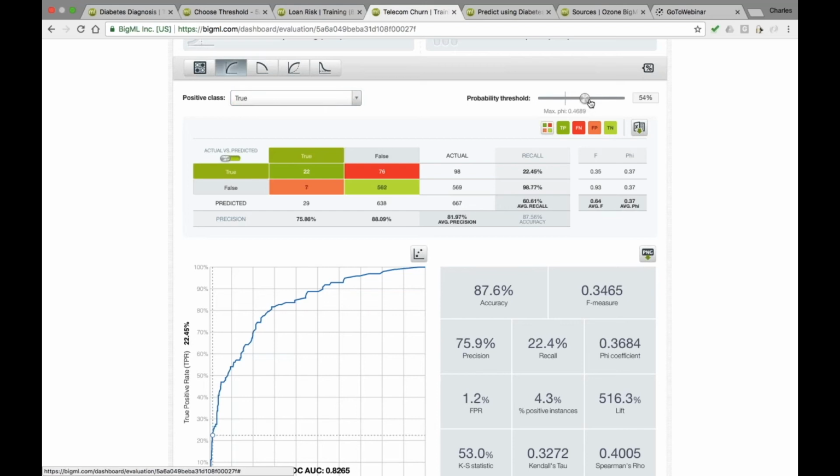So let's be less aggressive in predicting this class. Now I'm at 13. So I've moved the probability slider all the way to 71%, which means the probability of the churn class has to be over 70% before the model will predict it. So the bar is pretty high now.